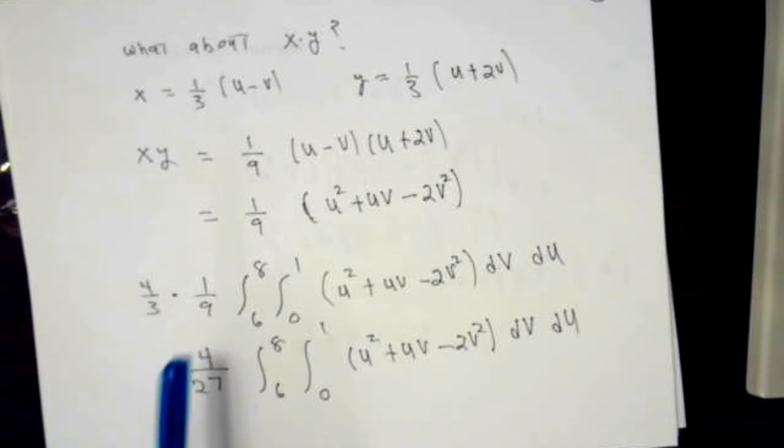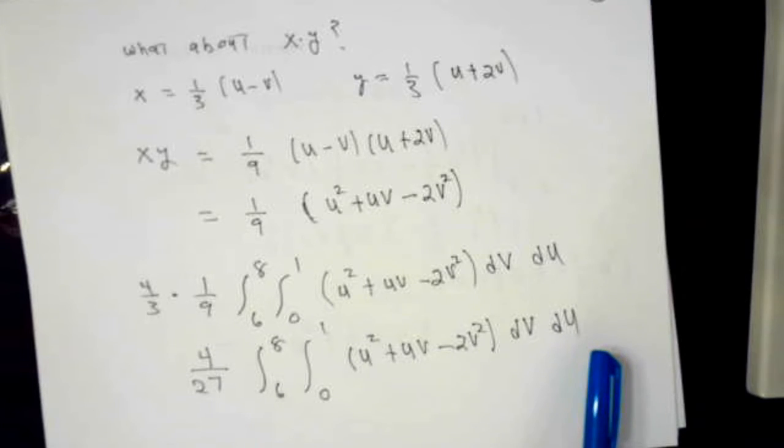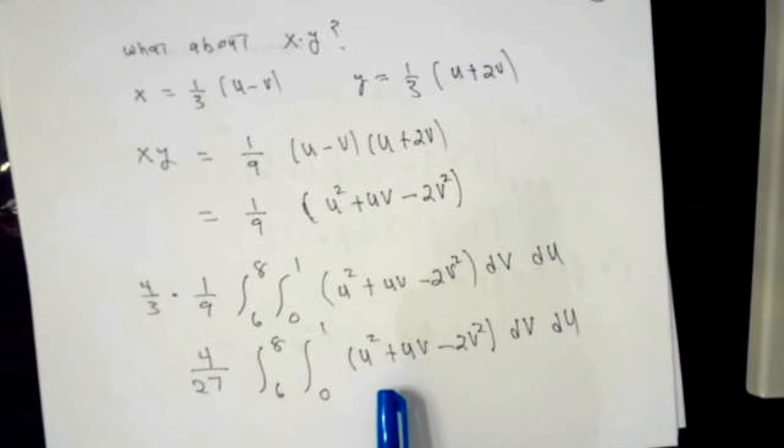Pulling the constant factor out in front of the integral, as usual, I found out that I have to calculate 4/27 times the integral from 6 to 8 with respect to u, integral from 0 to 1 with respect to v of u squared plus uv minus 2v squared. And see, everything is nice now. I just have to integrate polynomials and I'll have my answer.